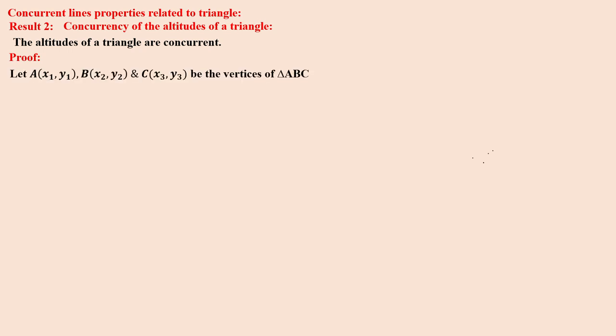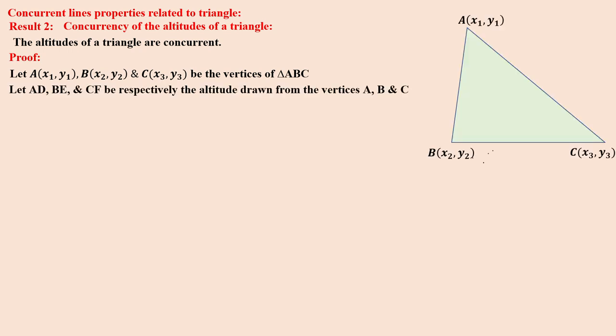So consider the triangle with vertices A(x1, y1), B(x2, y2) and C(x3, y3), right? Let AD, BE and CF be respectively the altitudes drawn from the vertices A, B, C. So AD meets the side BC at D and AD is perpendicular to BC, because the altitude of a triangle is perpendicular to the opposite side.